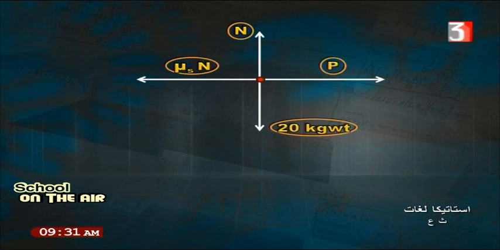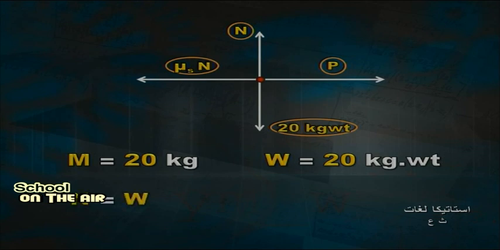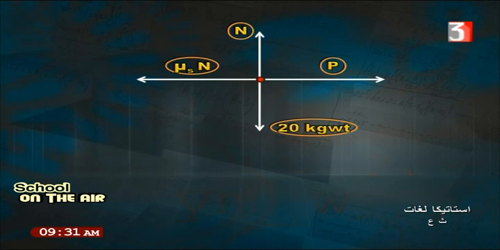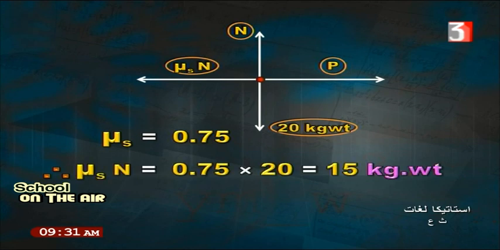Look at the opposite figure. We have a body whose mass equals 20 kilogram, therefore its weight is 20 kilogram weight. N equals W, therefore N equals 20 kilogram weight. My dear student, we know that mu, the static friction coefficient, is 0.75 or 3/4 from the given.